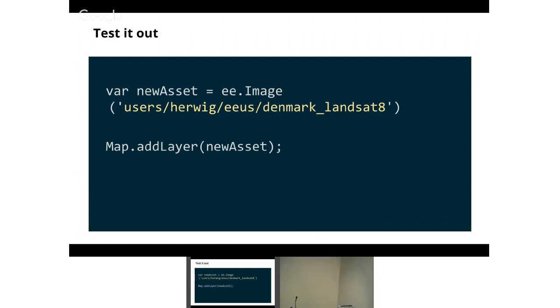You've taken the results completely out. When you're exporting to an asset, you are just creating a new Earth Engine image. So it's not a geotiff. You can't open it with QGIS. You can always export it if you want, but if you want to still use it in Earth Engine, you would want to go with the to asset.